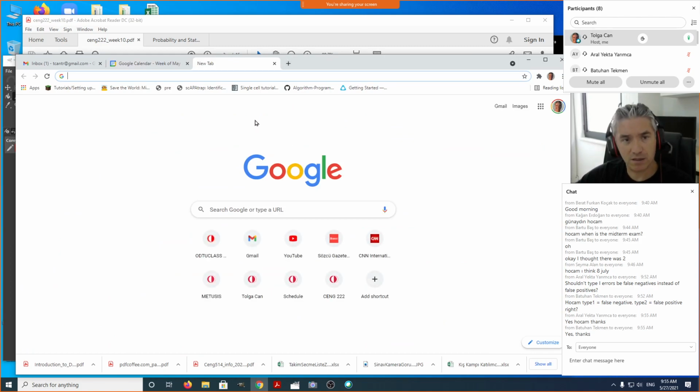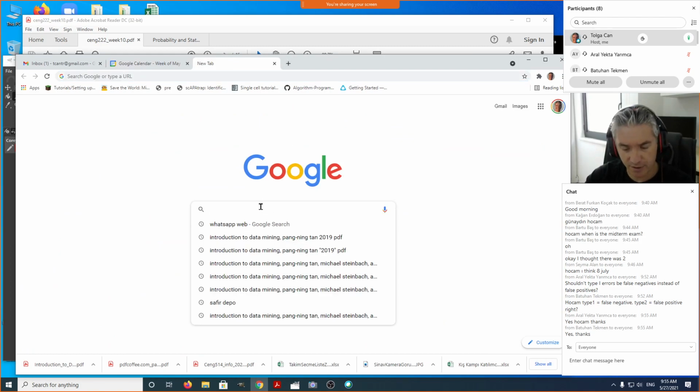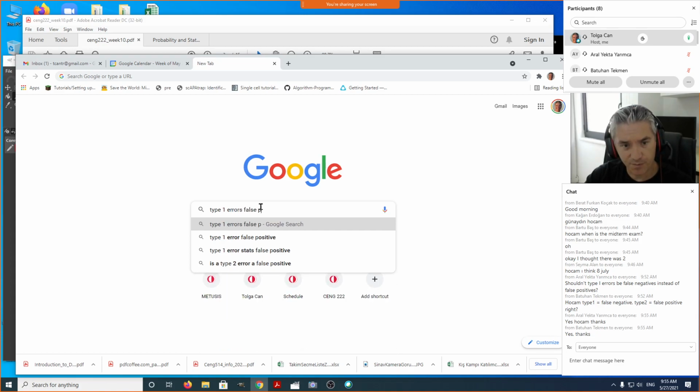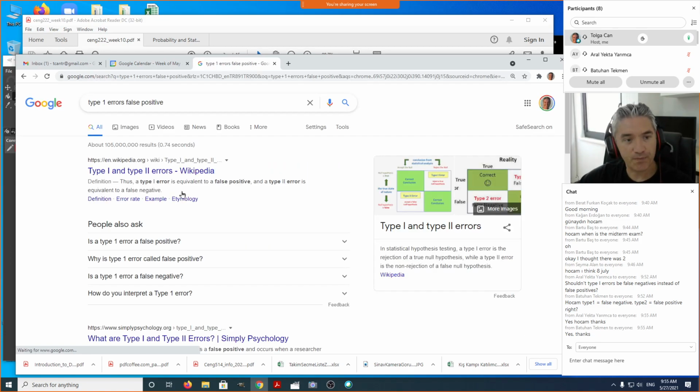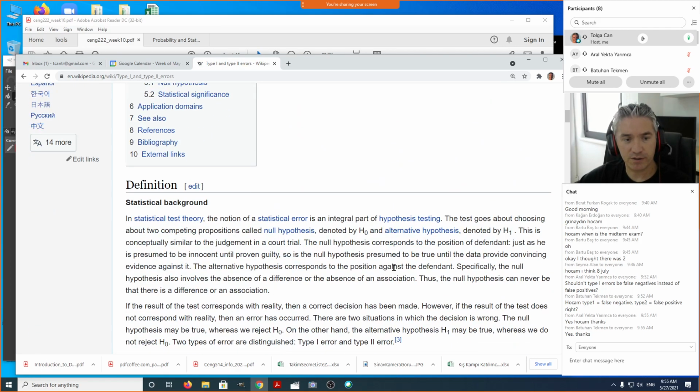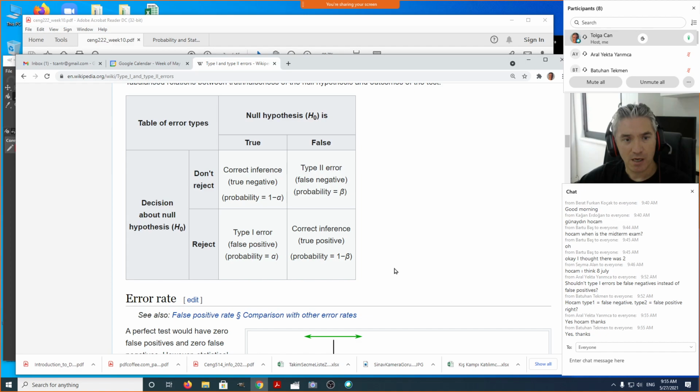There's a nice discussion on type 1 errors, specificity, sensitivity, false positive, but it really depends on what you're calling positive. But most of the time when we're conducting a test, we are looking for something extreme. On Wikipedia, there's a nice article on type 1 errors.